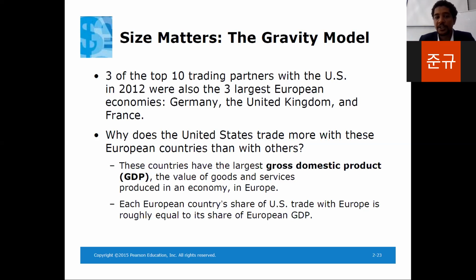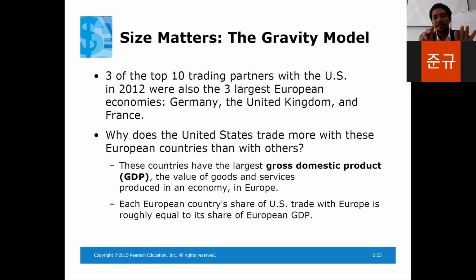But the three largest trading partners in Europe with the US are Germany, United Kingdom, and France. And if you see, these three are the largest economies in Europe. So the size of your economy and the international trade you have with another country is dependent on your size of economy.